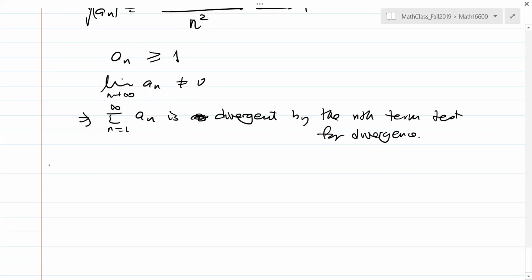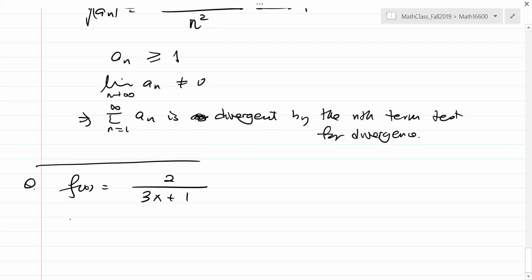All right, so now we are going to do some other problems. Okay, power series. A typical problem is this one. So f of x is going to be, I just randomly write down the problem, 3x plus 1 in the denominator.